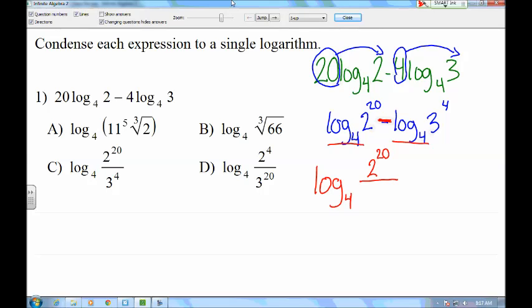So our denominator would be 3 to the 4th. So take a look over there, A, B, C, or D. C. Erase your board. I'm going to give you the next one to try on your own.